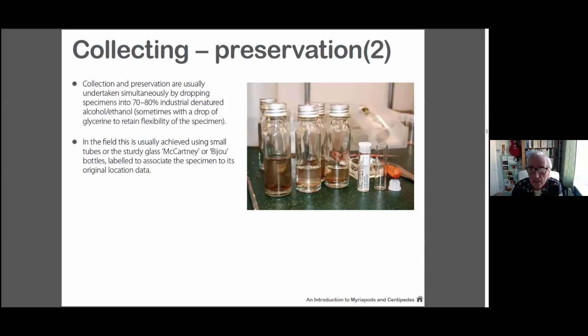If you want to look at the DNA later on, a higher percentage, 90–95% ethanol, is preferred in terms of preservation of the DNA. The other thing, if you're interested in DNA, also chill down the specimen in a freezer as much as you can as well.